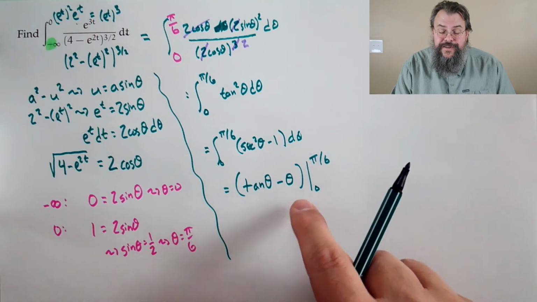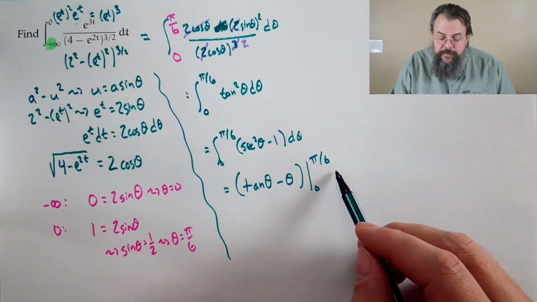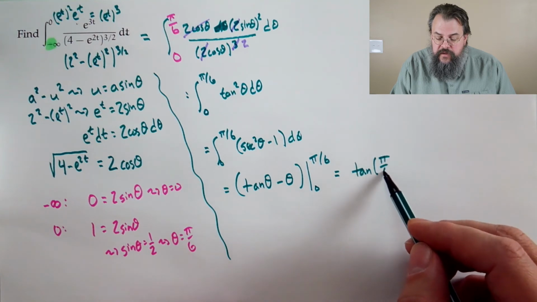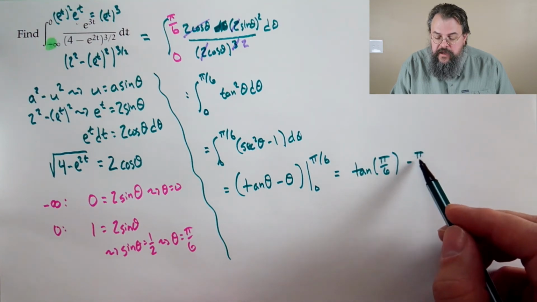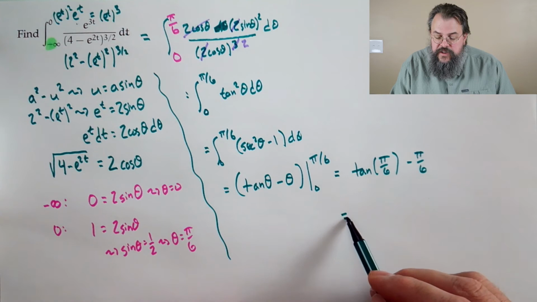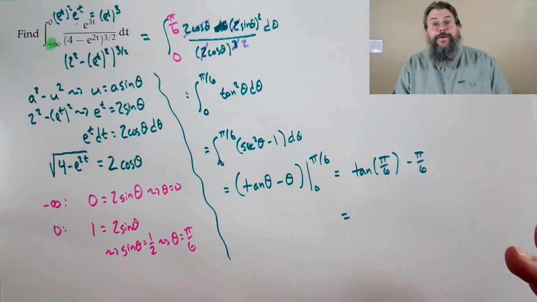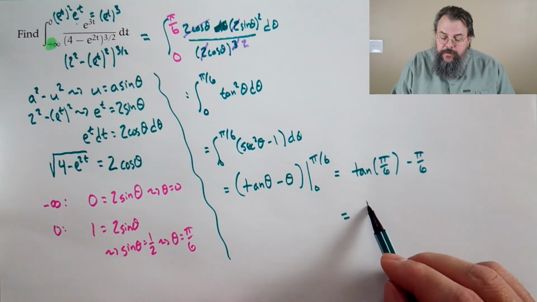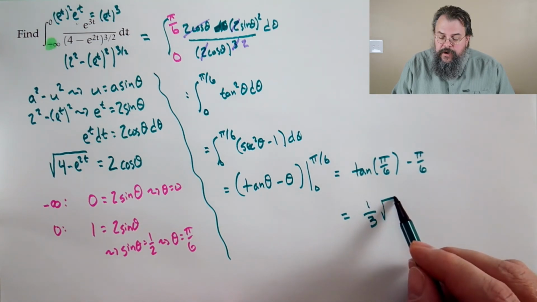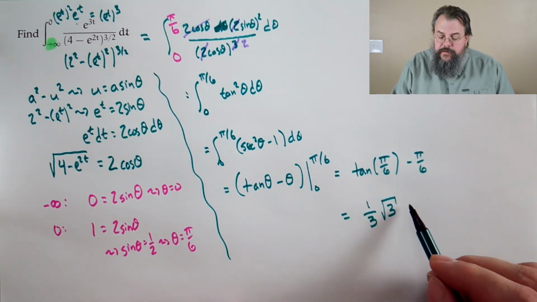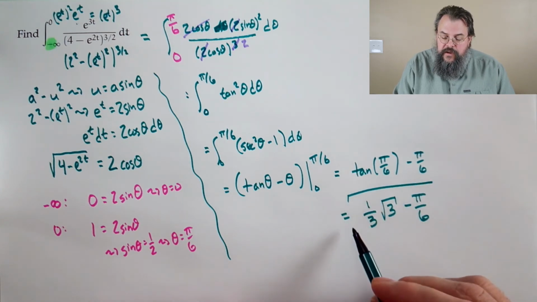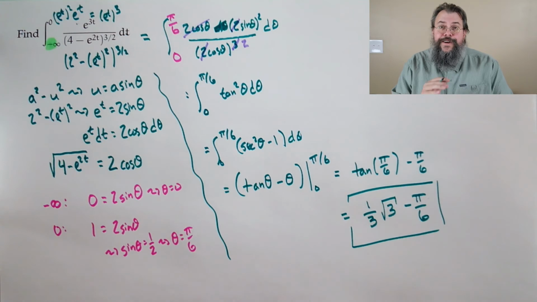Tangent of 0 is 0. When you plug in pi over 6, you get tangent of pi over 6, subtract pi over 6. And tangent of pi over 6 is an angle we actually know. It's 1/3 times the square root of 3. So 1/3 times the square root of 3 minus pi over 6. And we're done.